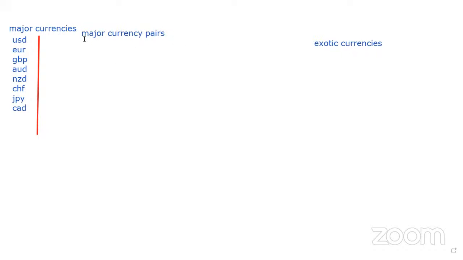Okay. Now, let me talk about major currency pairs first. Major currency pairs are the ones from these 8: anyone you decide to pair with the USD will be seen as a major currency pair. That's what I'm trying to say.